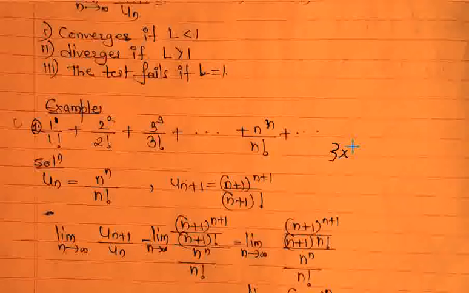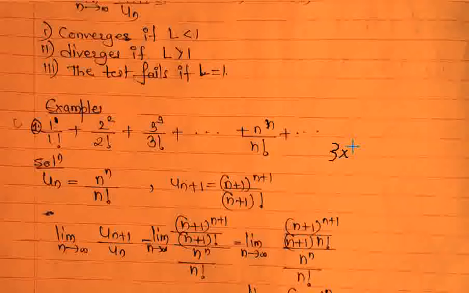The un is n factorial 3 to the n divided by n to the n. So here you want to do un plus 1. So substitute n plus 1 here, n plus 1 here, and you want to do un plus 1 divided by un. So this divided by this here.